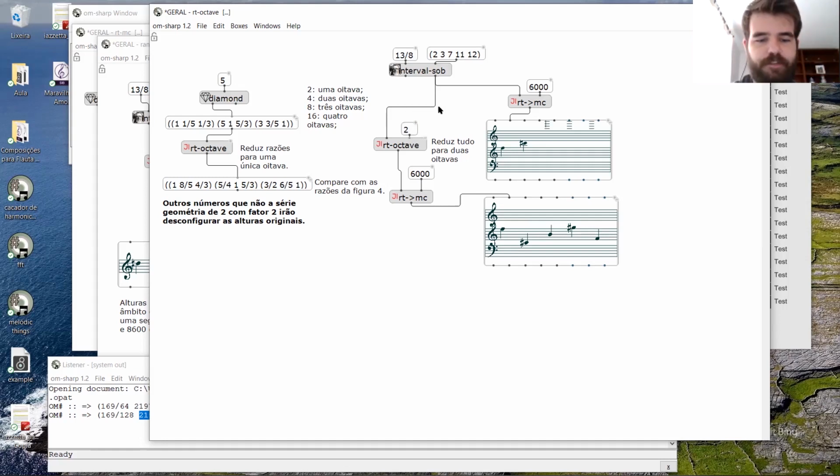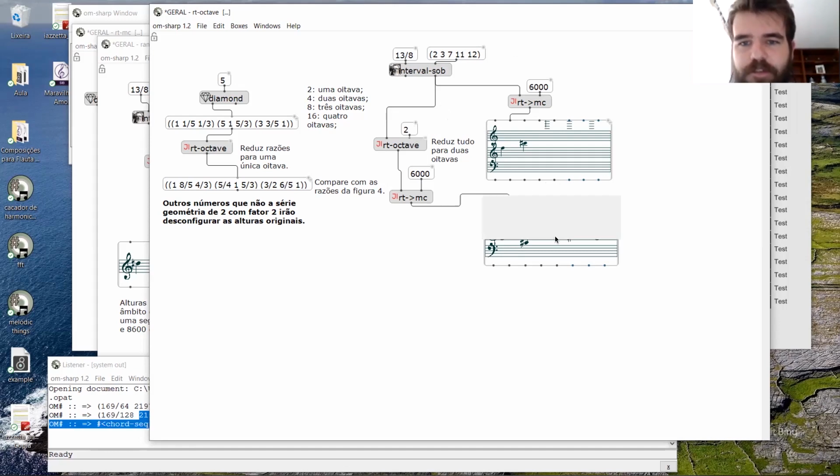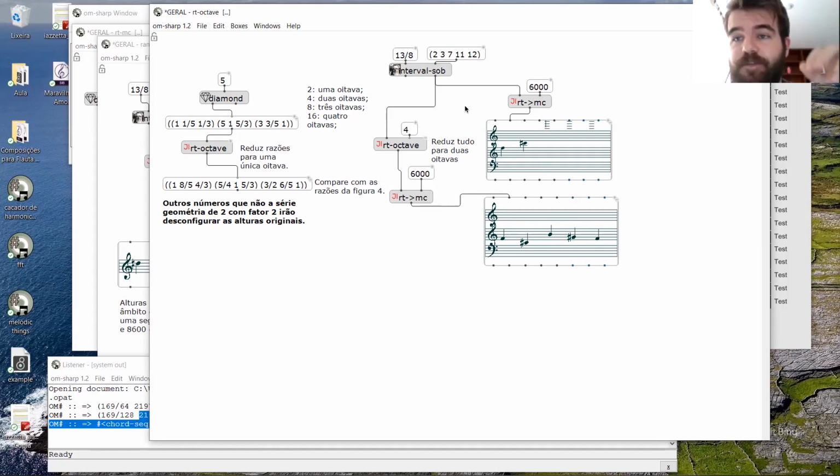Between the first and the second harmonic we have an octave, so it will reduce all the range to one octave. If we put a 4 here, it will reduce all the ratios into two octaves, because between the first harmonic and the fourth harmonic we have two octaves. If you put a 3 here, it will work too.